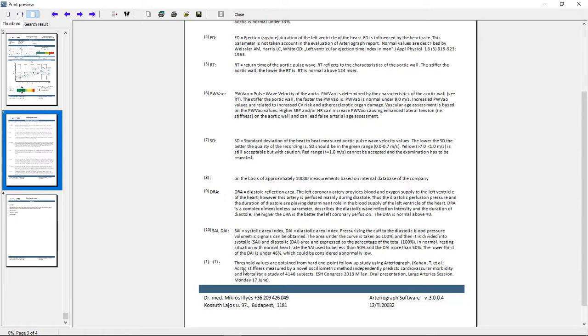Finally, I would like to stress again that the threshold values, which are already mentioned, were obtained from a hard cardiovascular endpoints follow-up study using Arteriograph. It was published and presented by Thomas Kahan from the Karolinska Institute as "Aortic stiffness measured by a novel oscillatory method independently predicts cardiovascular morbidity and mortality, a study of 4,146 subjects."